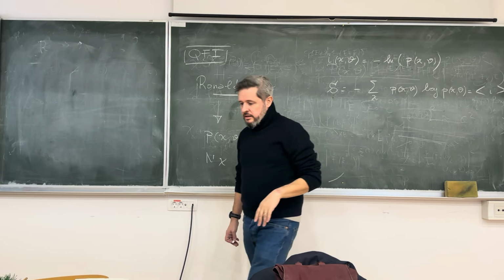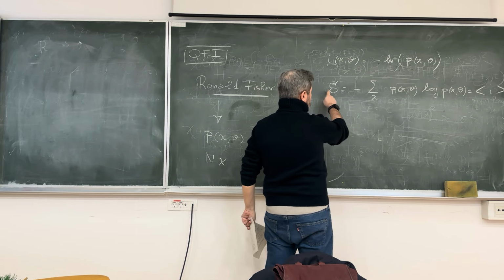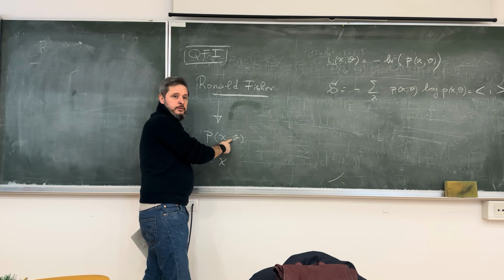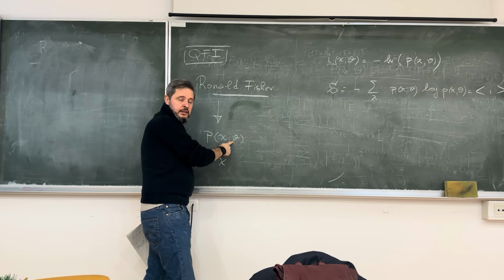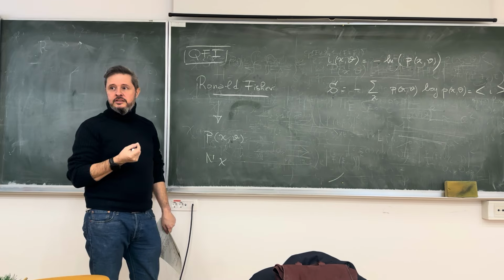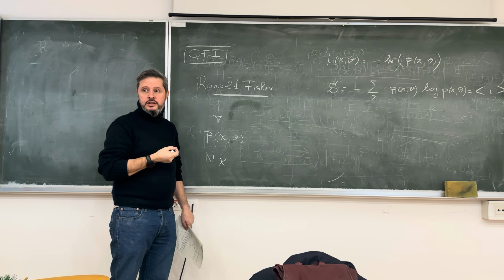So now imagine that I want to figure out what is the precision with which I can infer theta. The idea of Fisher was that this precision should be related to how the information changes if I vary the parameter theta.